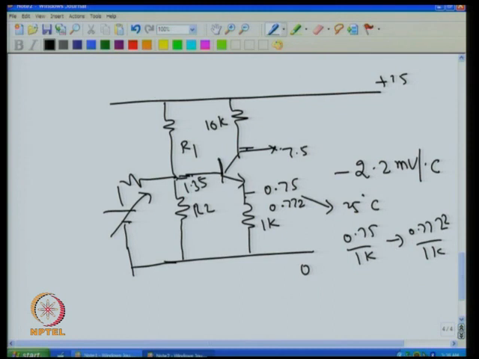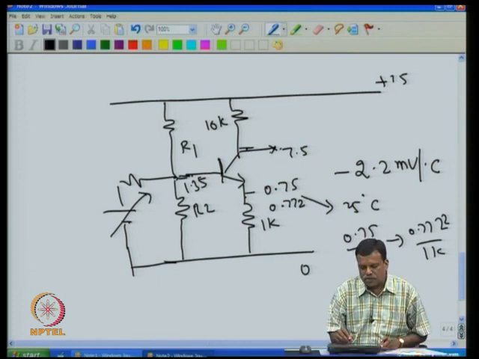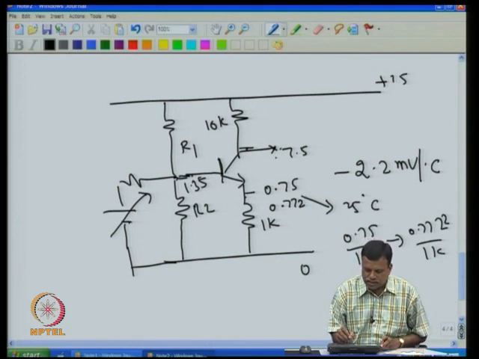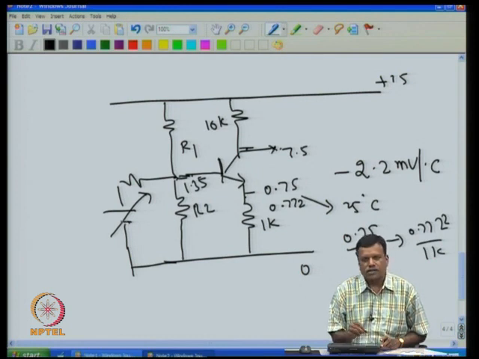Now this is a serious problem, because we are looking at the voltage at this point to reproduce what is happening here, but the voltage at this point is not dependable, because it changes even if the supply changes or if the temperature changes. So you are in trouble, because we are not sure whether the change that occurred here is only due to this or not.